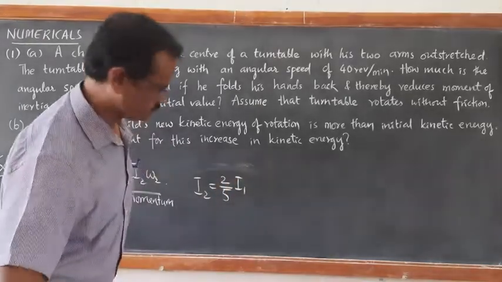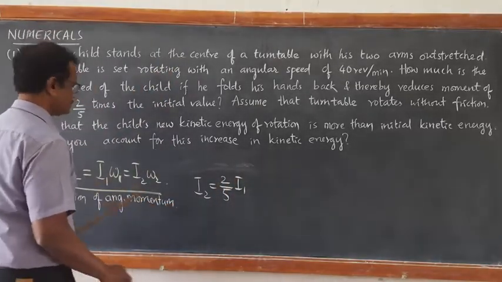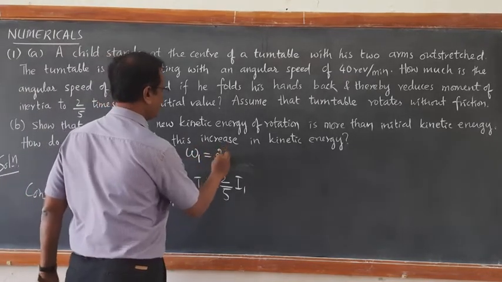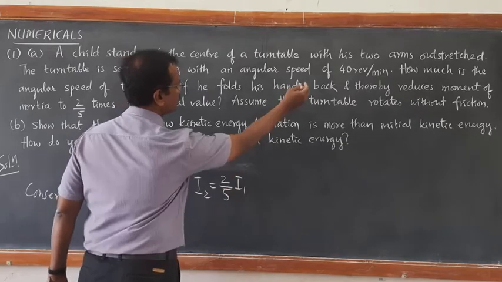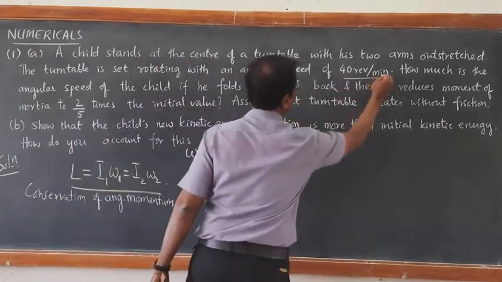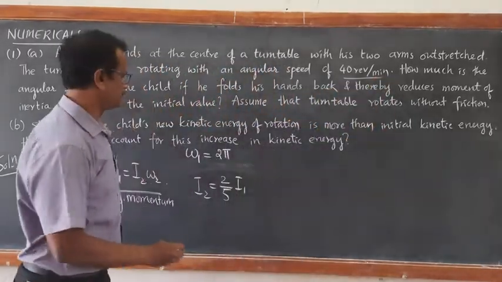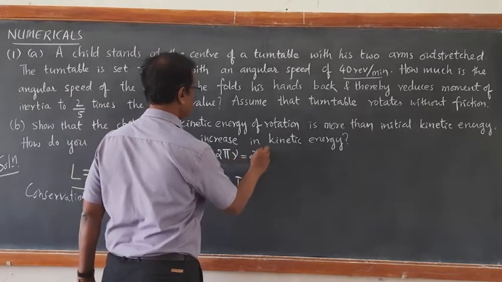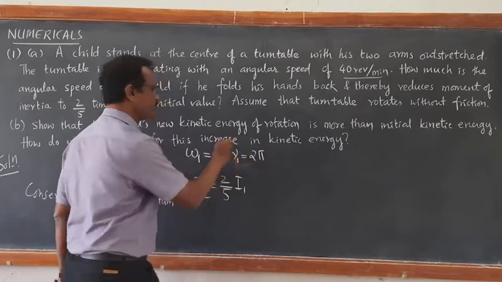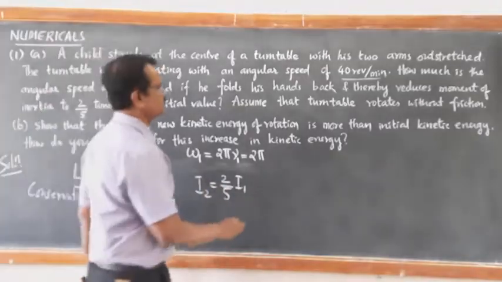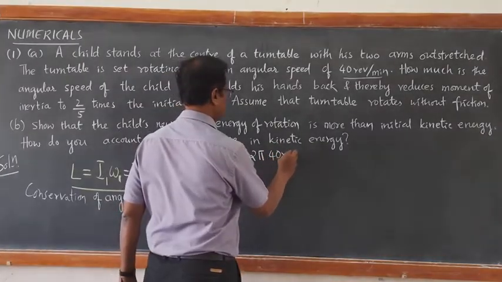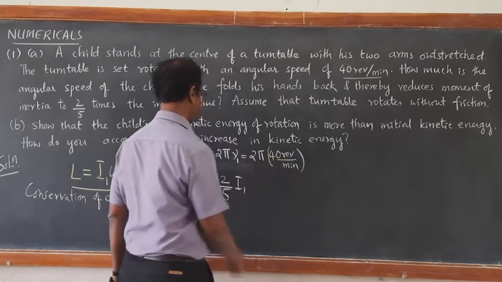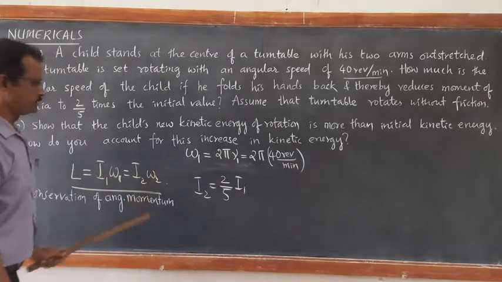Omega 1 is actually given by 2 pi times the frequency nu 1, that is 40 revolutions per minute.